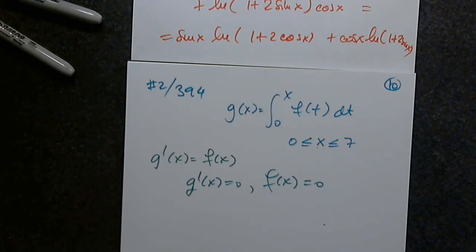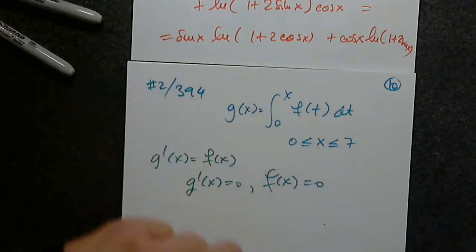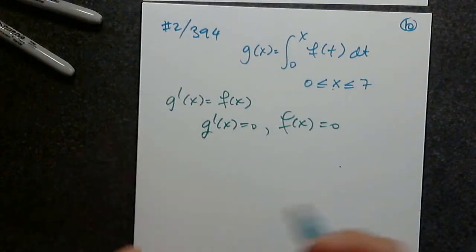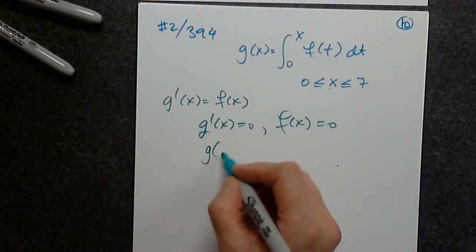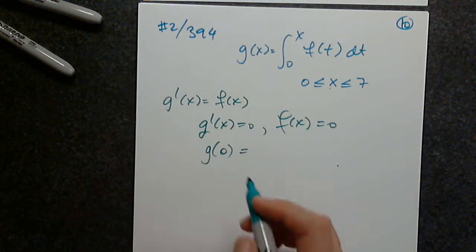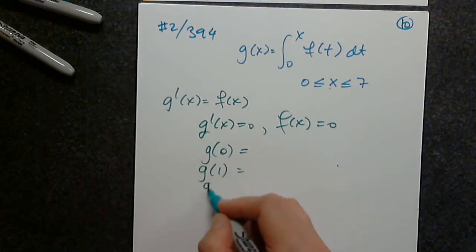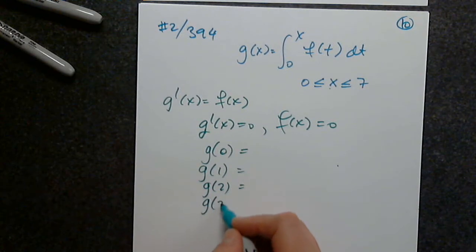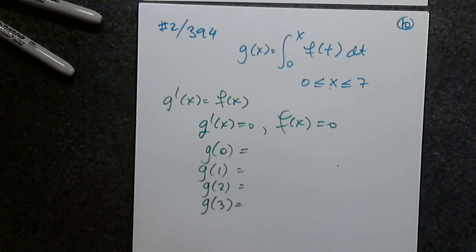Remember, we had several options which we didn't determine. We did not determine g of 0, g of 1, or g of 2. We determined g of 3, which was negative 1/2.